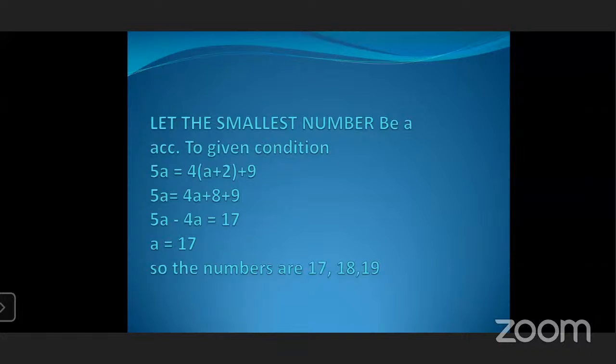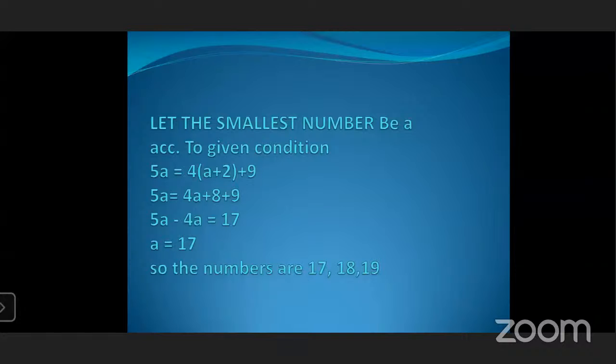The smallest number is 17. The next number is 18, and the next number is 19. You can check this. 5 times the smallest number. Which is the smallest number? 17. 5 times 17 is 85. Is 9 more than what? 4 times the largest number.